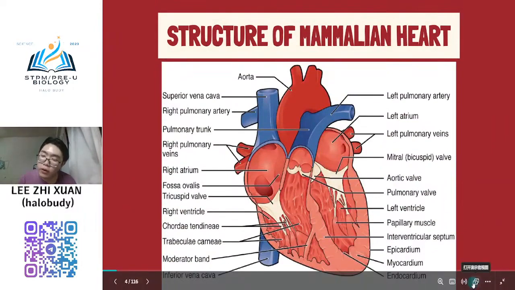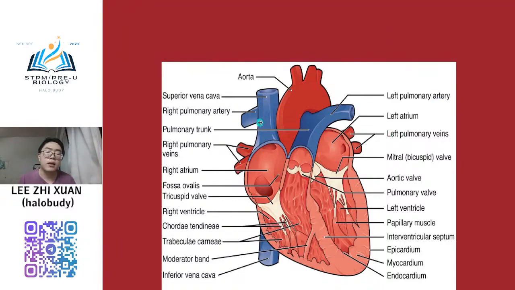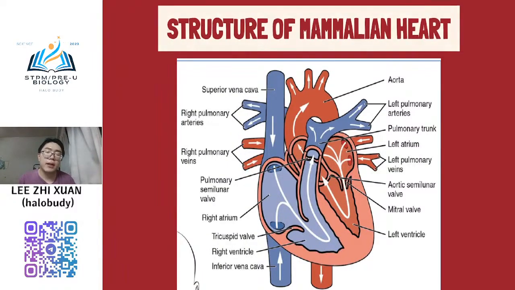Everyone should know this structure already, right? This is our mammalian heart structure, and these are all the labels. You need to know the basic labels, which I will explain later. This is the normal mammalian heart structure, and this one is also a mammalian heart structure.